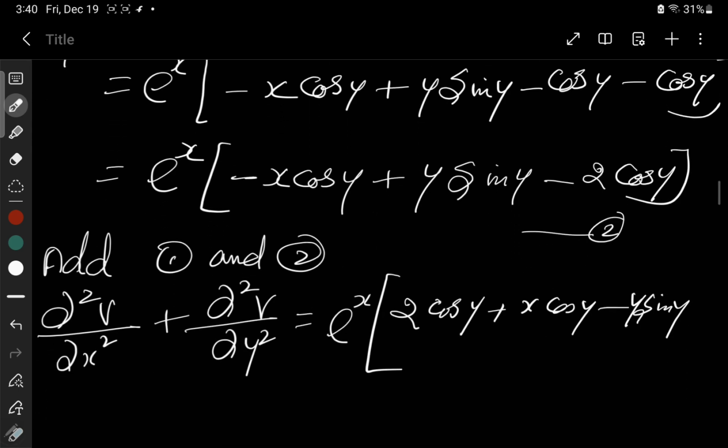And write this term; we have taken e power x common. So write the expression: minus x cos y plus y sin y minus 2 cos y.